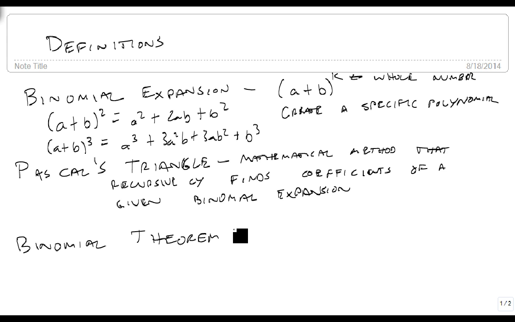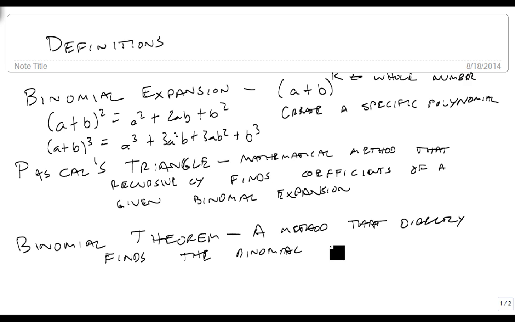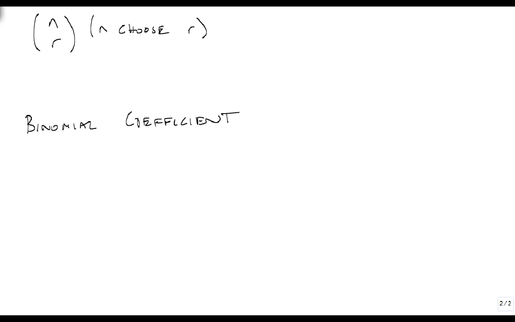The binomial theorem is another method, a method that directly finds the binomial expansion. And I'll give a more formal definition later. But for now, what you need to know is that this is a direct way of getting it, where Pascal's triangle takes a little bit more work.